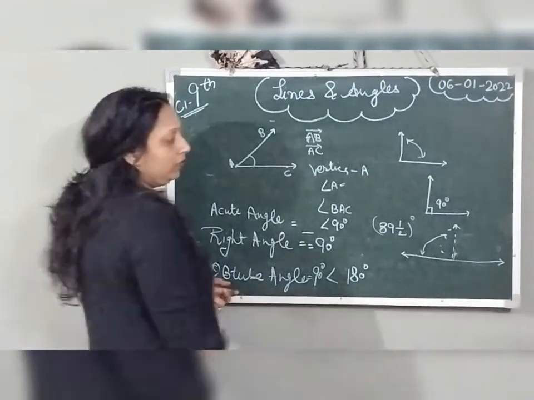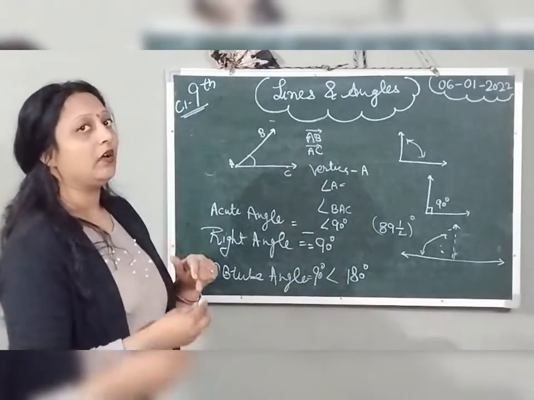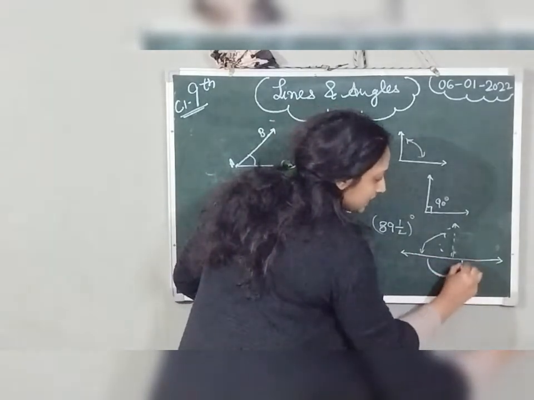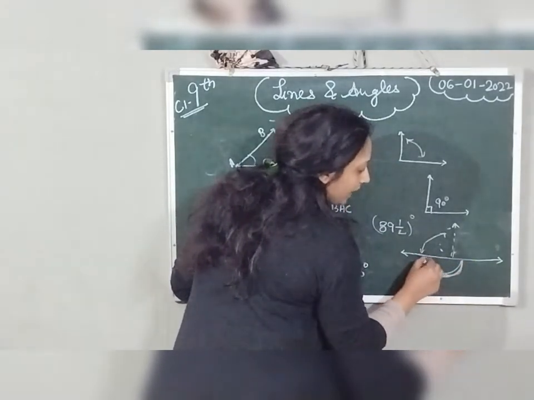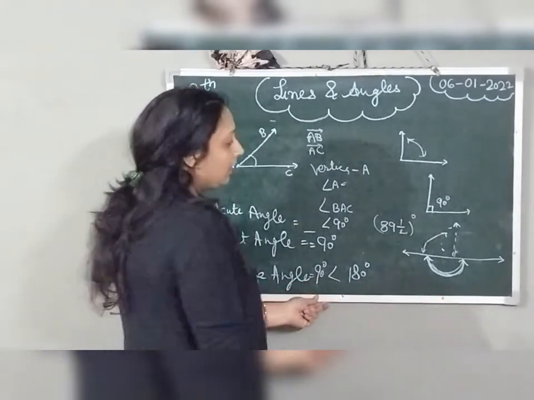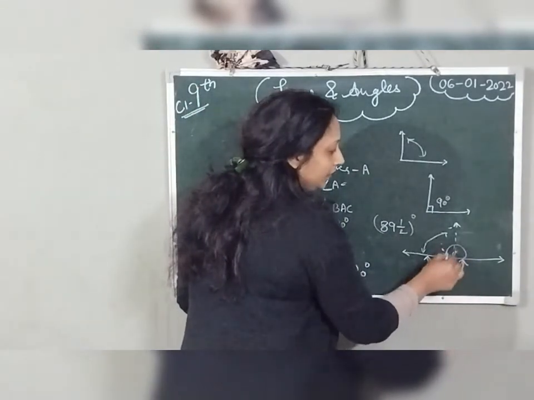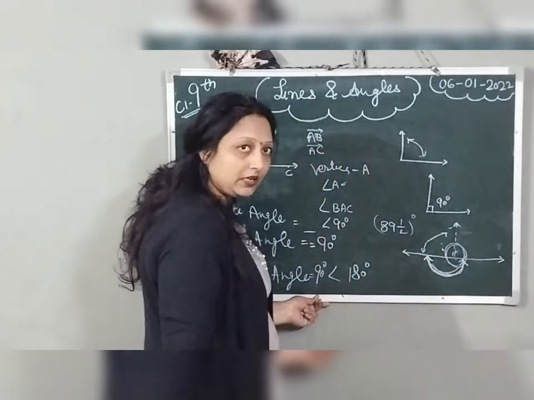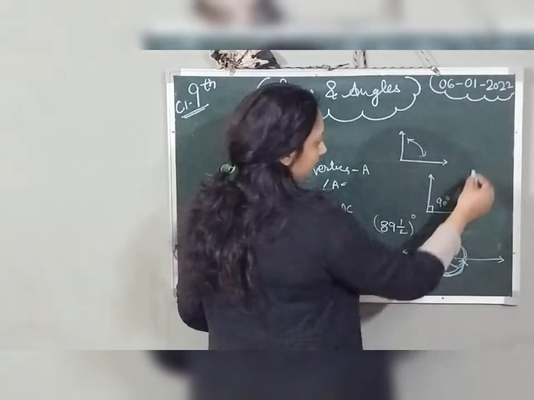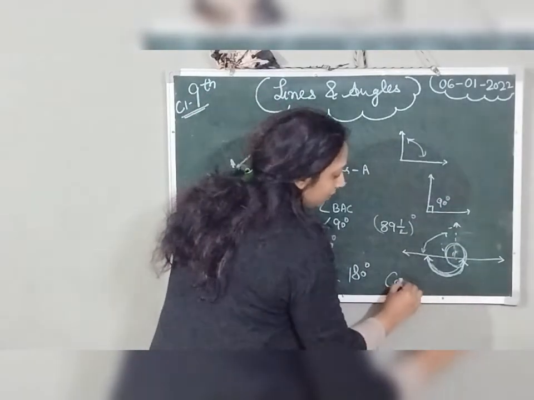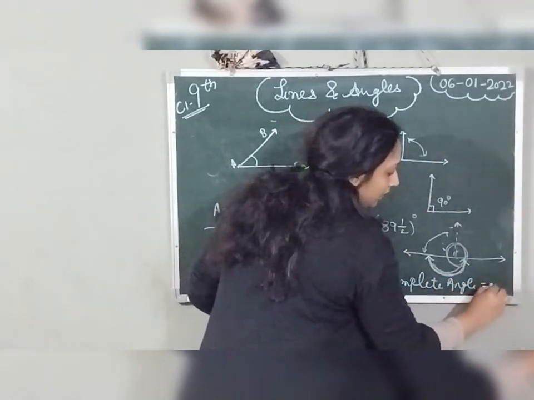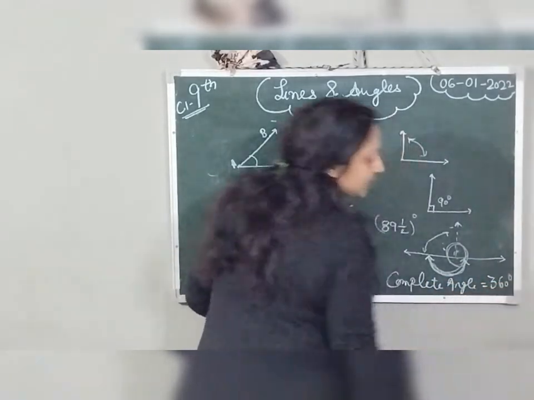If I talk about the angle which is greater than 180 degree, then it is called the reflex angle, which comes from 180 to 360 degree. 360 is the complete rotation. So it is called the complete angle. Complete angle is 360 degree.